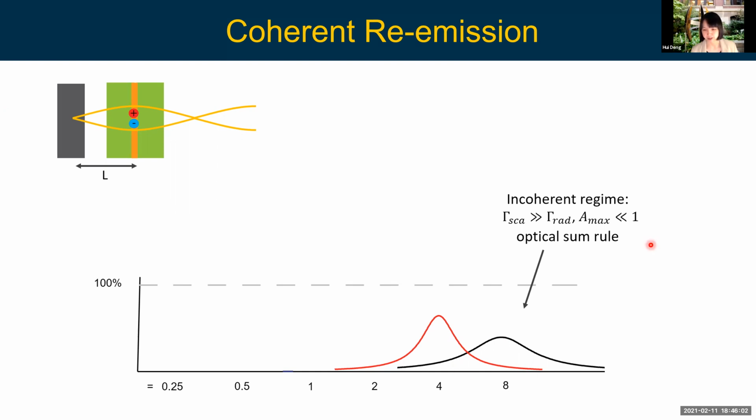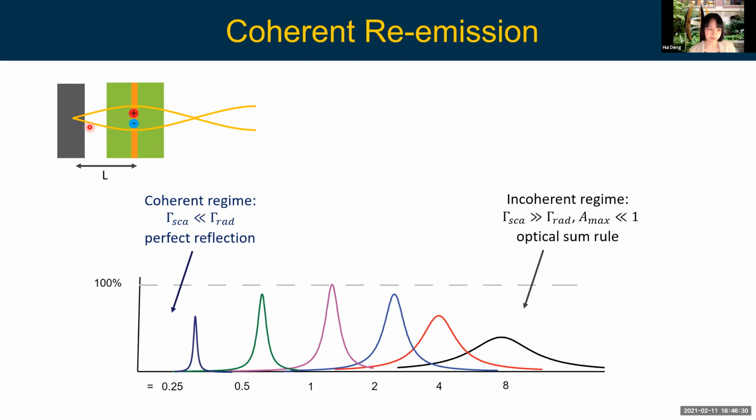That's called the optical sum rule, depending on how many dipole oscillators you have in your material. So the broader the broadening, which is typically inhomogeneous broadening, the shorter the absorption peak. The narrower the broadening, the taller the peak, but the area is conserved. That's also called Beer's law for optical absorption.